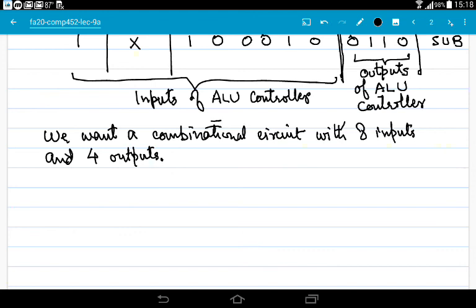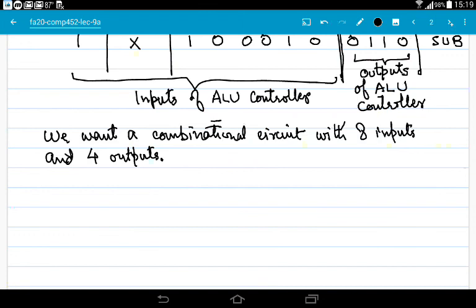Okay, so we have designed our ALU controller, and next we would like to design the main controller.